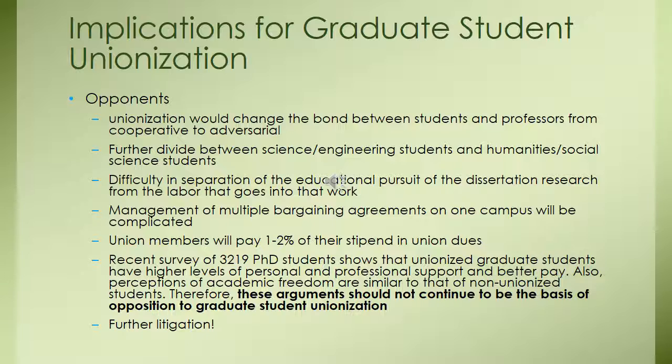In a recent survey, data showed that unionized graduate students have higher levels of personal and professional support and better pay. Also, perceptions of academic freedom are similar to that of non-unionized students. Together, these data suggest that these arguments should not continue to be the basis of opposition to graduate student unionization. The one thing we know for sure is that there will still be more litigation in the future.